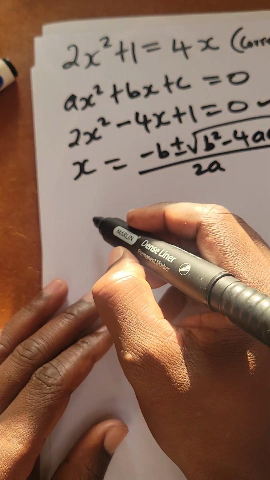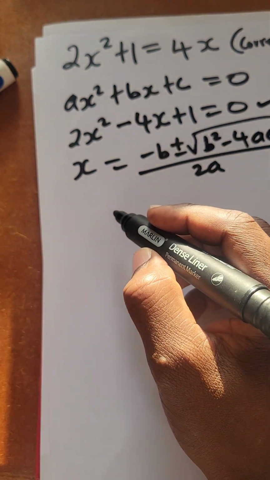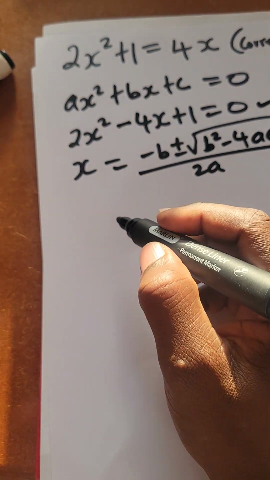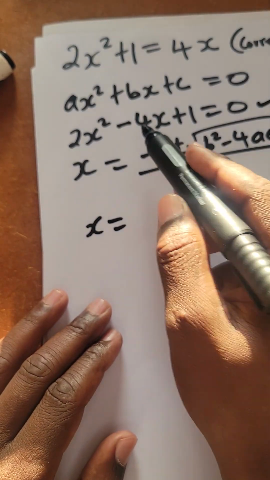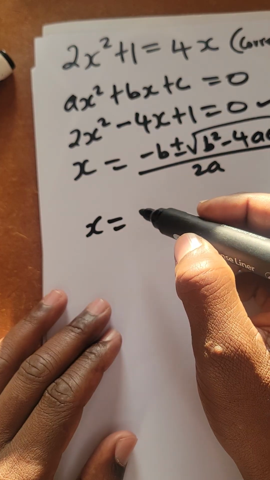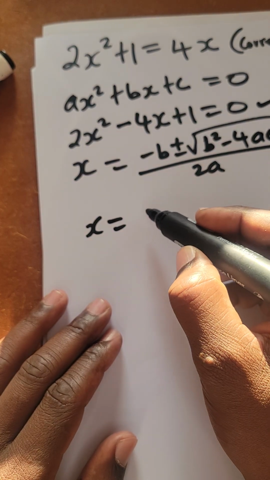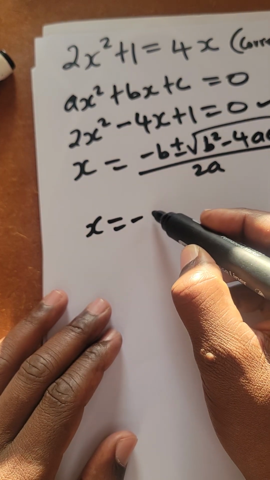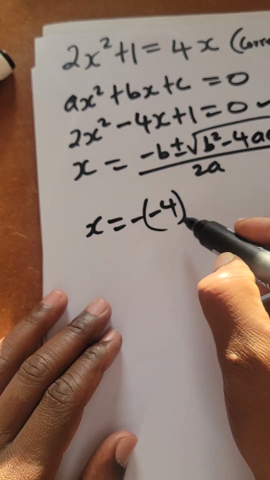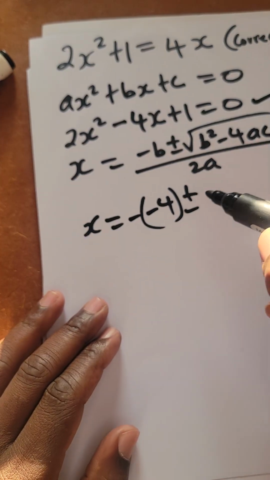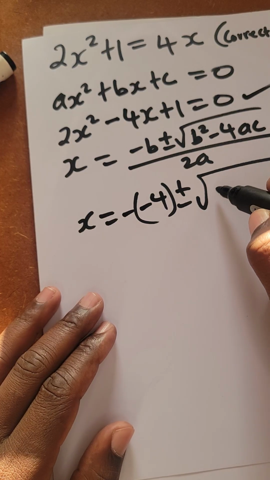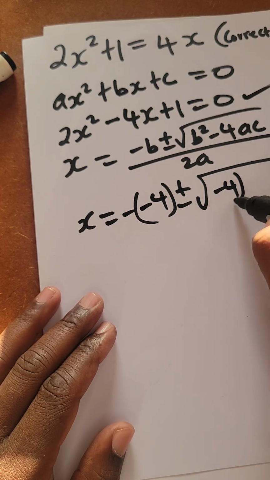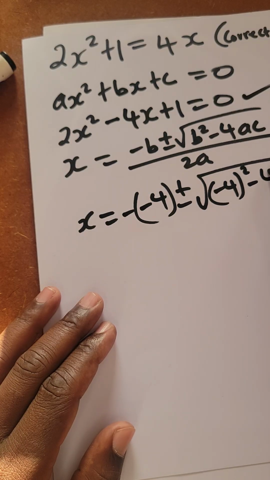What you just have to do there is to say x is equal to, your b here is minus 4. But remember, the minus 4 is already a negative. So you can say minus 4, you can put in brackets, plus or minus the square root of minus 4 again, squared, minus 4.